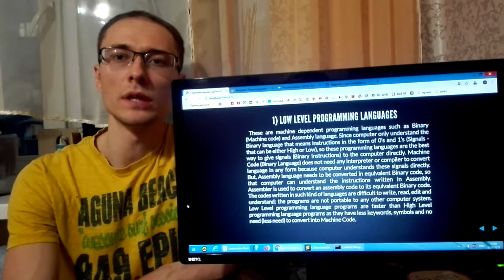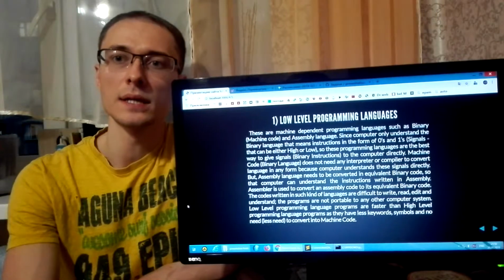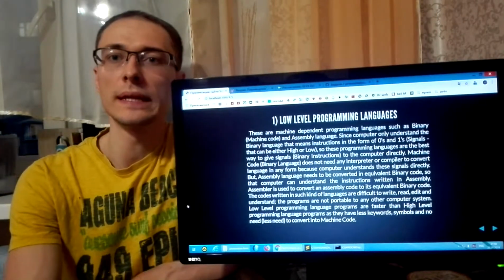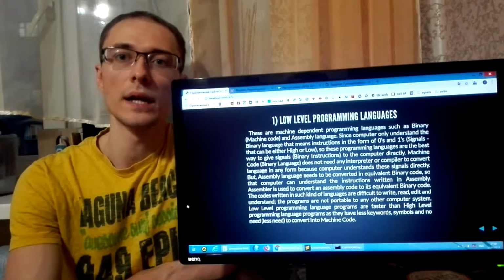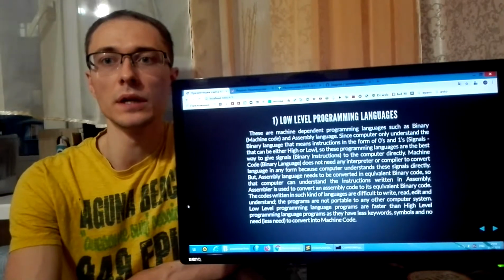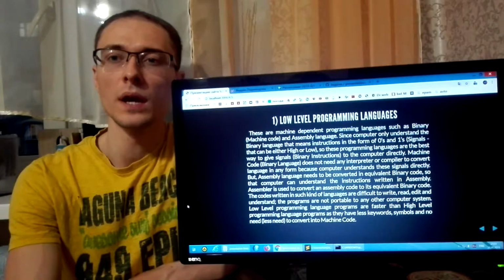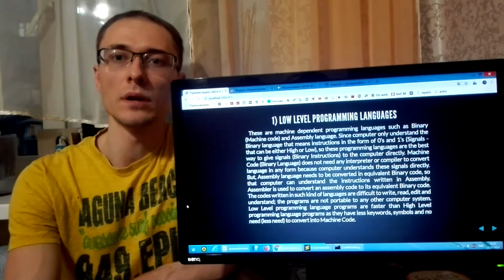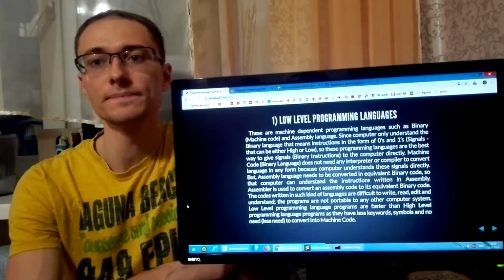Since the computer only understands the binary language, that means instructions in the form of 0 and 1, signals that can be either high or low, these programming languages are the best way to give signals.